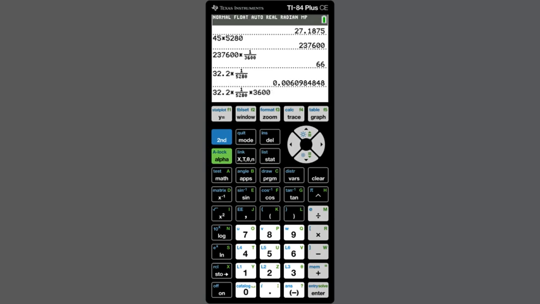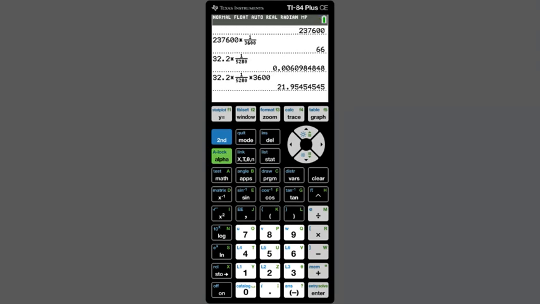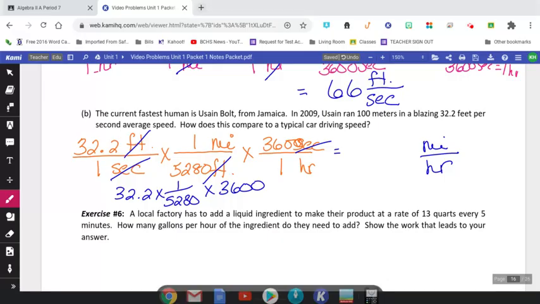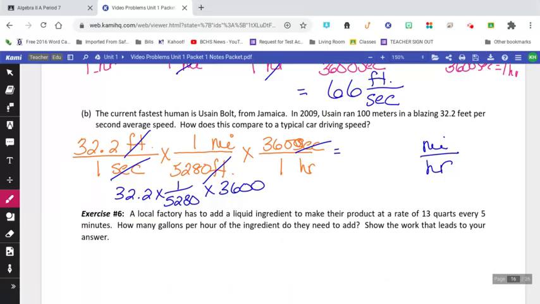You don't have to put that over 1. And now they didn't give us a rounding direction, so I would leave the answer as 21.954 repeating. So 21.9, now the repeating part is just the 54.